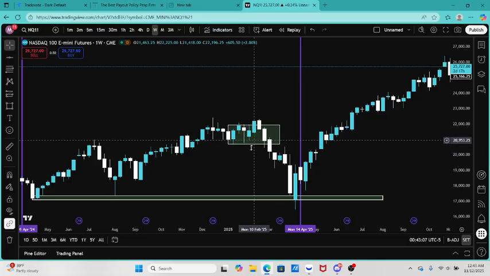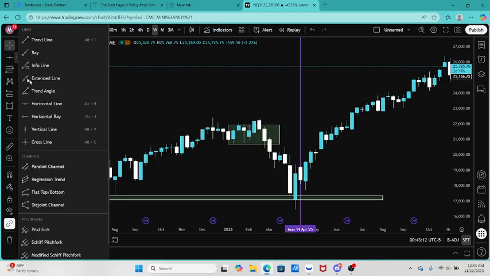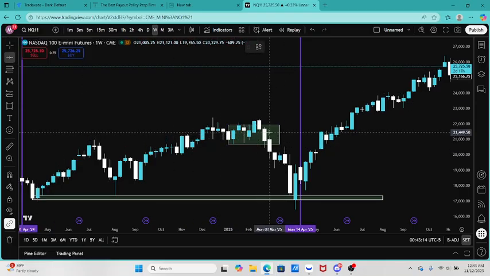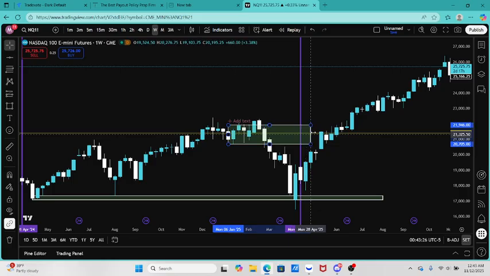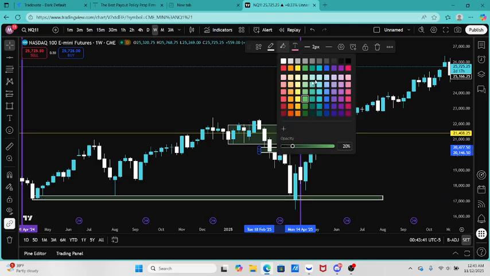Right here, price trades below that midpoint. We close below the midpoint, and then again come down below it. And then we come right back into a fair value gap right here, a very small one. I'll make that blue.